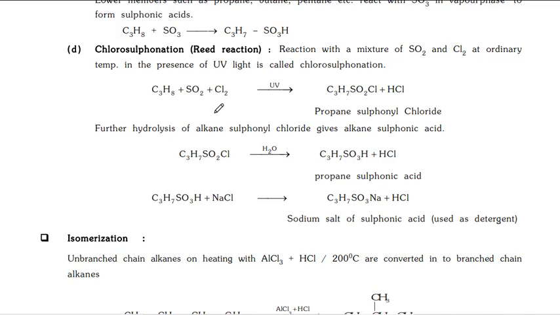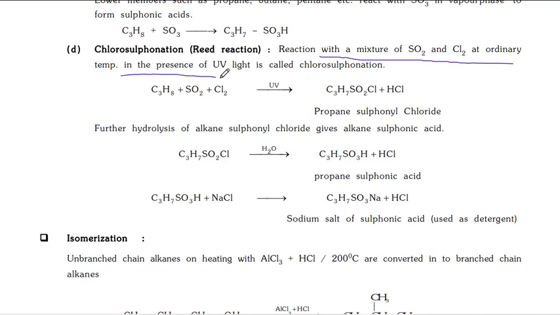Then chlorosulfonation. The reaction with a mixture of sulfur dioxide and chlorine at ordinary temperature in the presence of UV light is called chlorosulfonation. Chlorine is there, sulfonation, SO2 is there. So in that case sulfonyl chloride is forming.